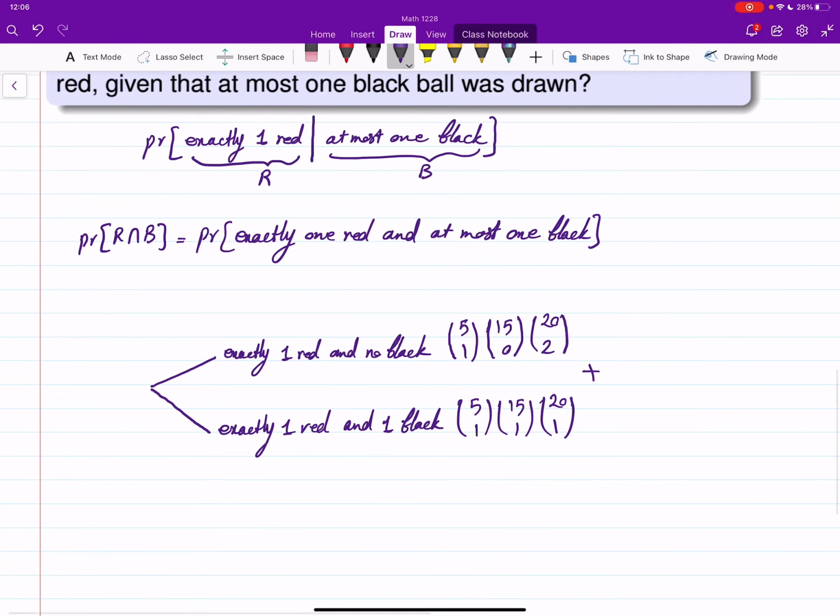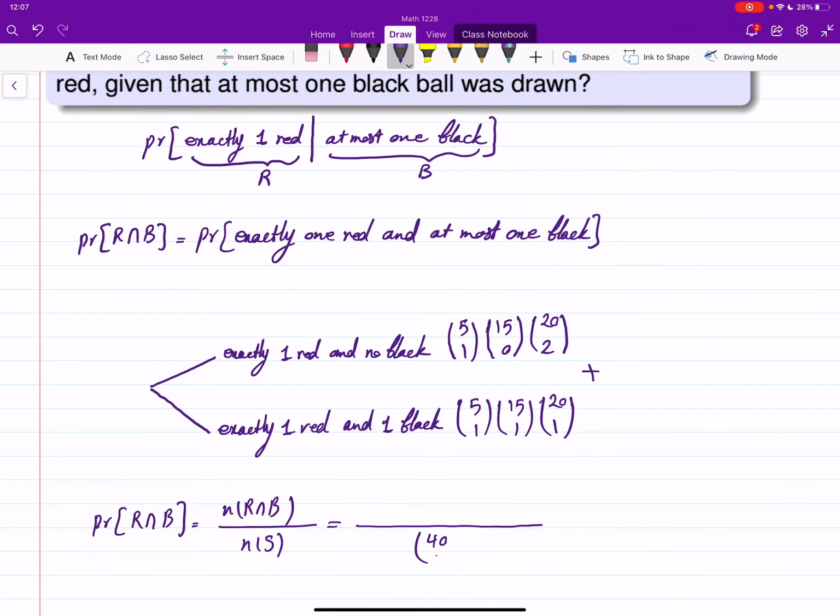So this means that the probability of R intersect B is going to be n of R intersect B divided by n of S, but that number in the denominator we already know is 40 choose 3.